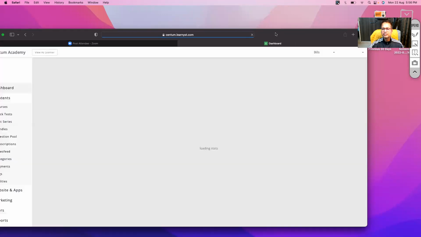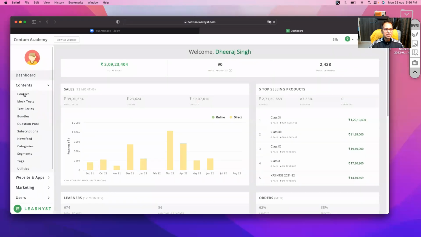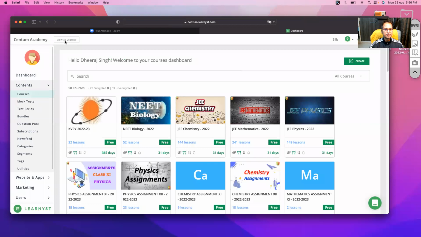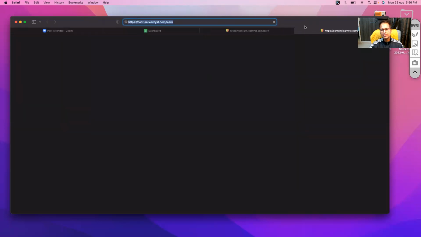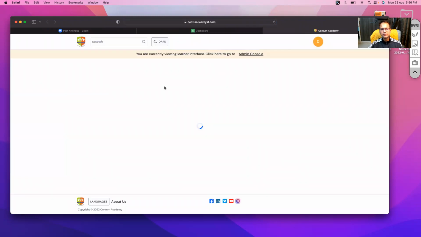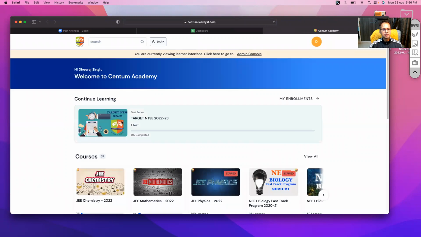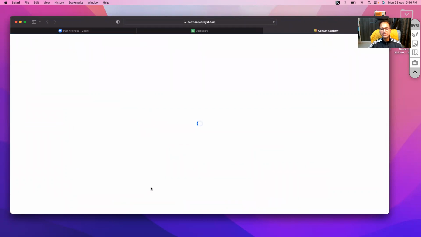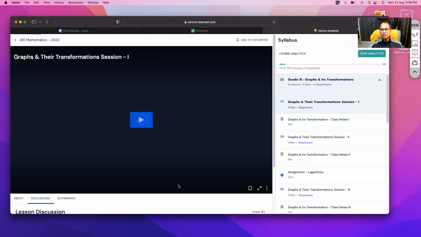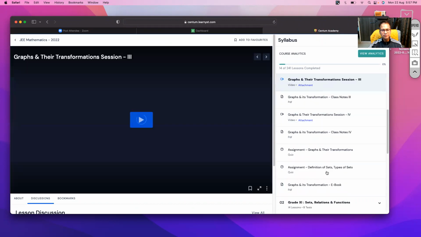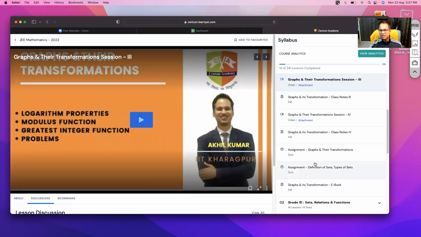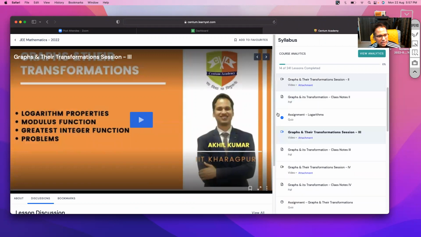Those who have joined late, you can go to Maths JEE Mathematics 2022, Graph and its Transformation, the third lecture, and the second lecture also partially.